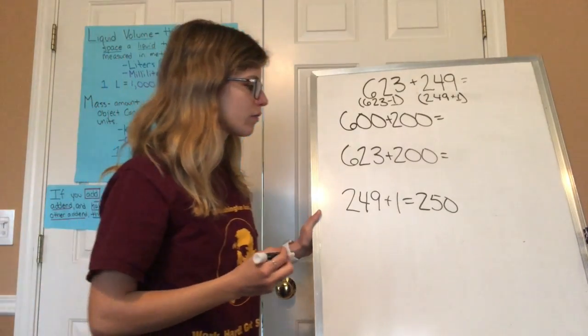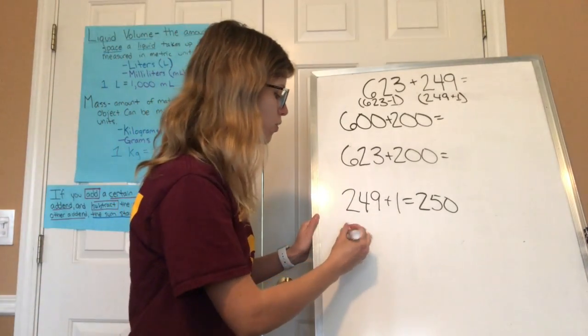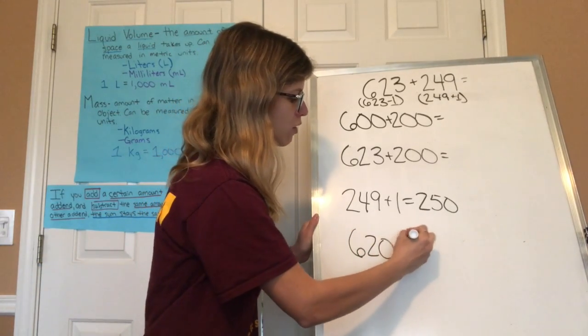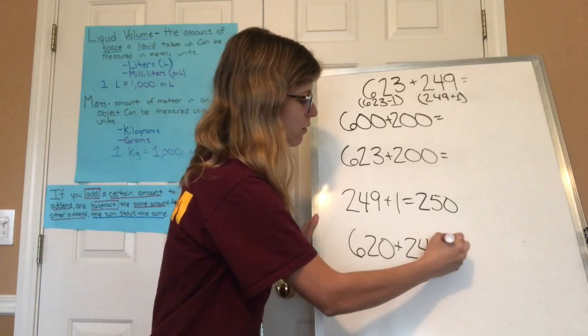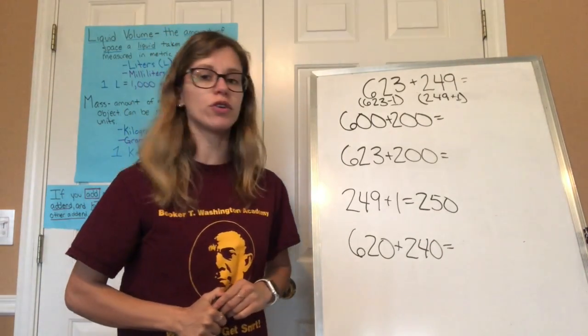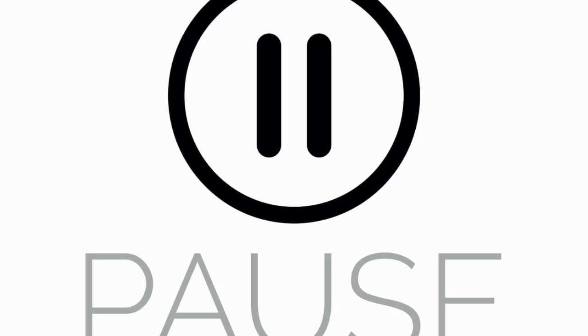Now let's think. What if you did your starter problem with 620 plus 240? Pause me and think about why someone would have done 620 plus 240 as their starter problem.